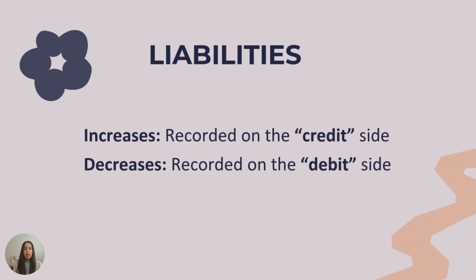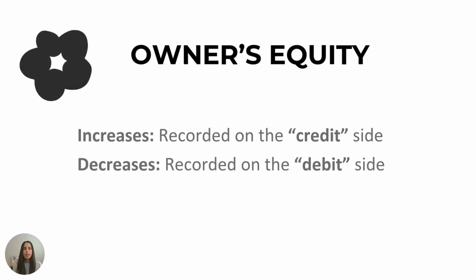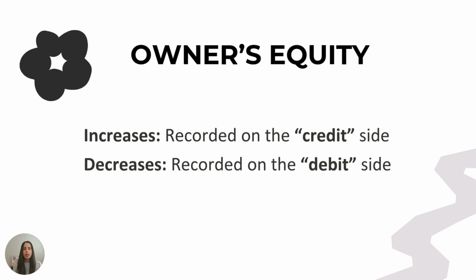Liabilities work in the opposite manner of assets. Any increases to a liability will be recorded on the credit side, and any decreases are going to be recorded on the debit side. Owner's equity behaves in the same manner as liabilities. So increases will be recorded on the credit side, and decreases will be recorded on the debit side.